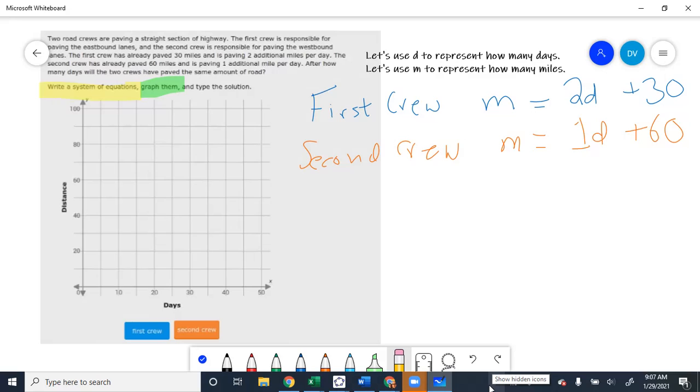The way we graph them is by using the slope, 2, or 2 over 1, and the intercept. So let me write what I just said. For that blue crew, for the first crew, the slope is 2 over 1.